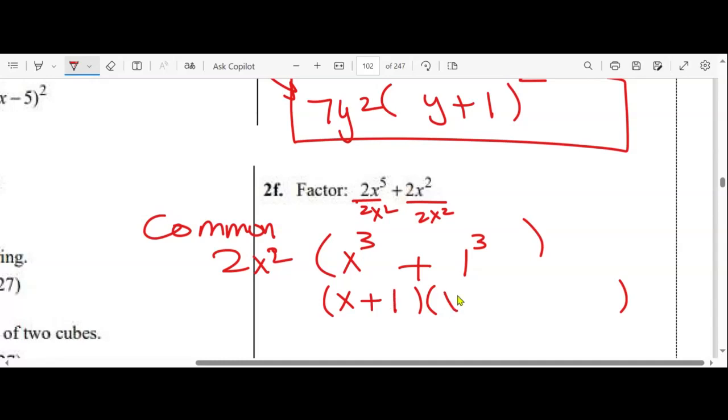X plus 1. Now, square the first, square the last. Multiply the first and the second. What do you get? And change the sign. And don't forget to bring down the 2x squared. Clear or not clear? Okay.